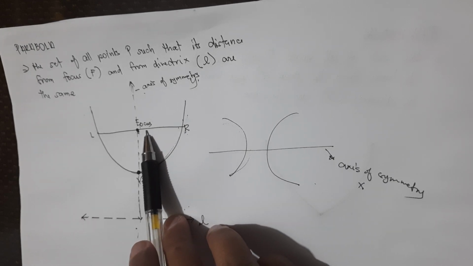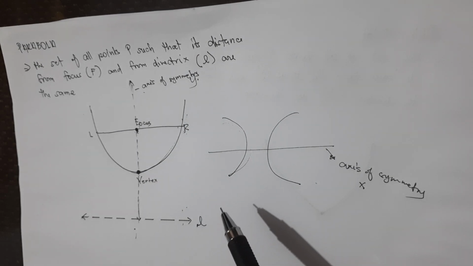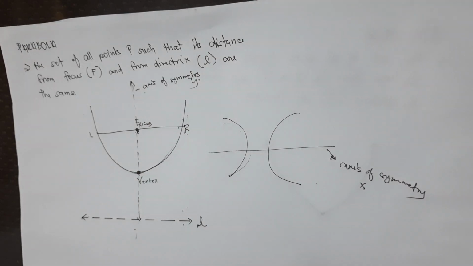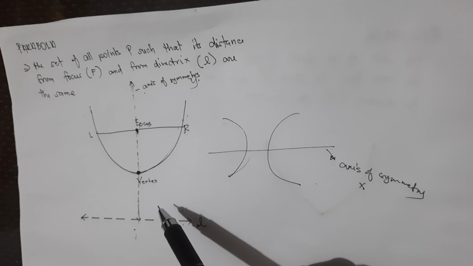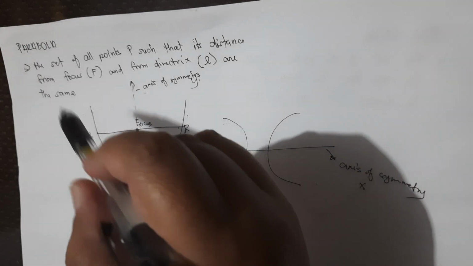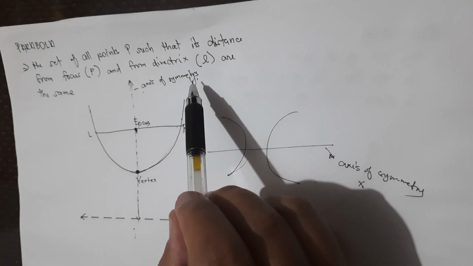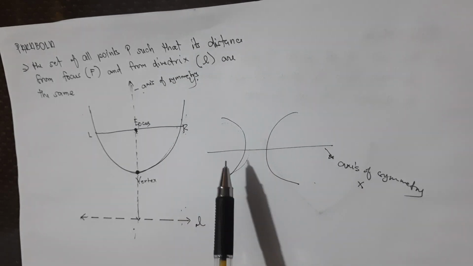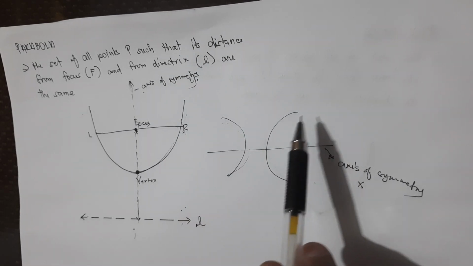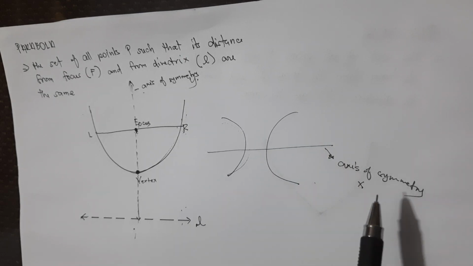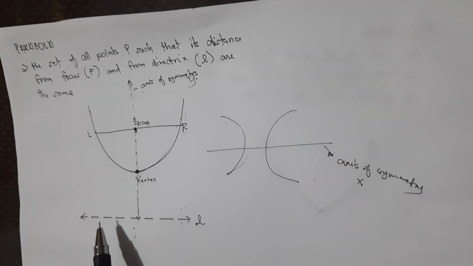And then, ano naman si axis of symmetry? Siya yung line na hinahati niya yung ating parabola. If it is upward or downward, your axis of symmetry is your y-axis. And if your parabola opens to the left or to the right, that is your x-axis.